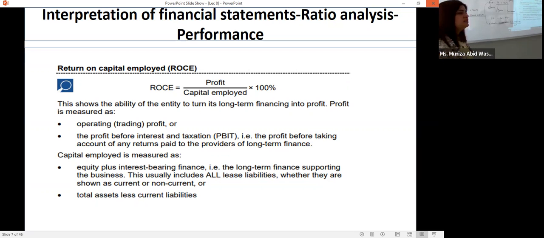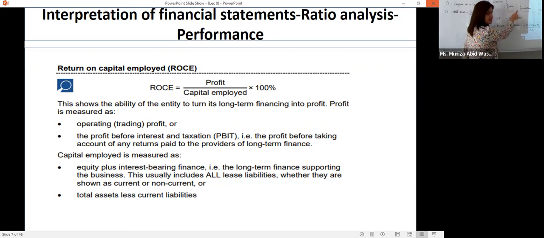What are the returns paid to the providers of the long-term finance? Interest. Who are the providers of the long-term finance? Either the third parties or the shareholders. The returns which you have to give to the third parties is known as interest. The returns which you have to give to your equity providers is dividend.